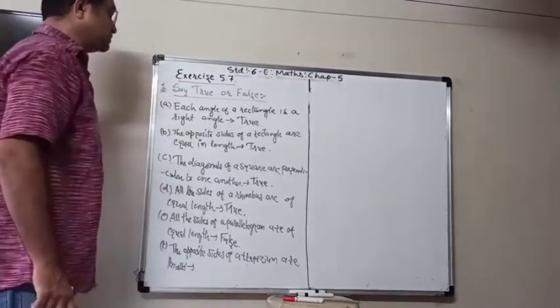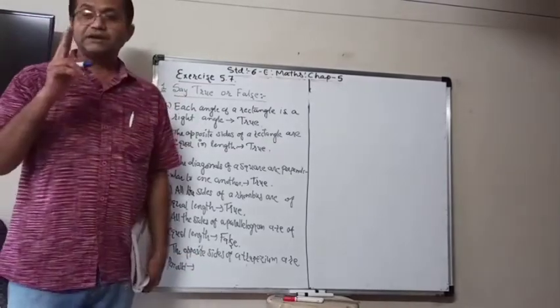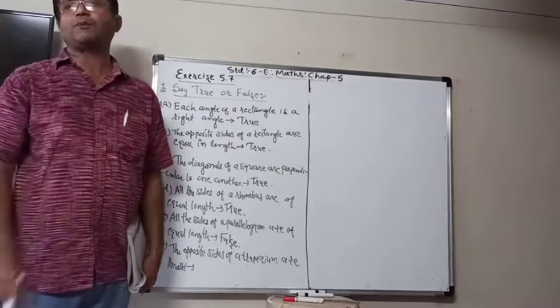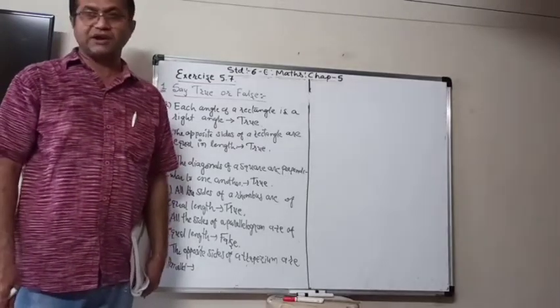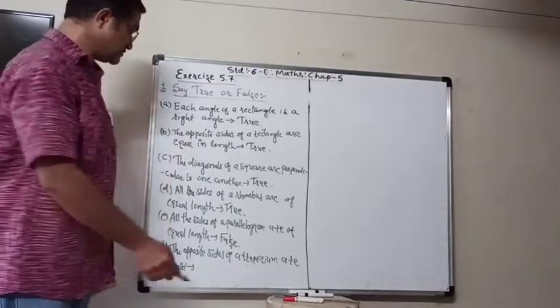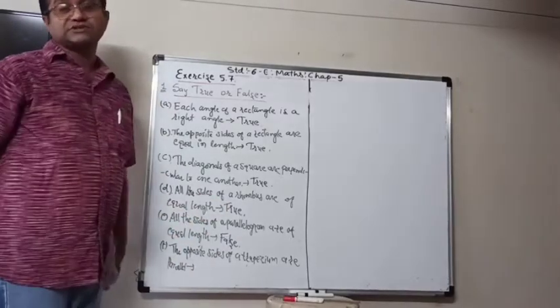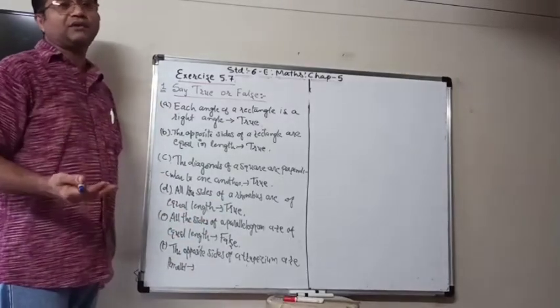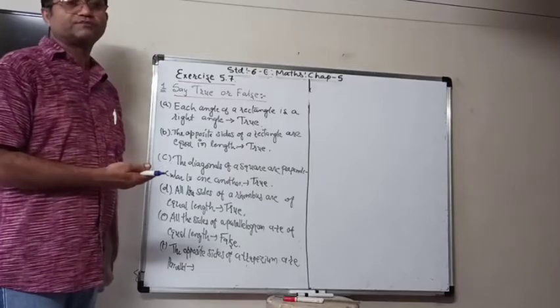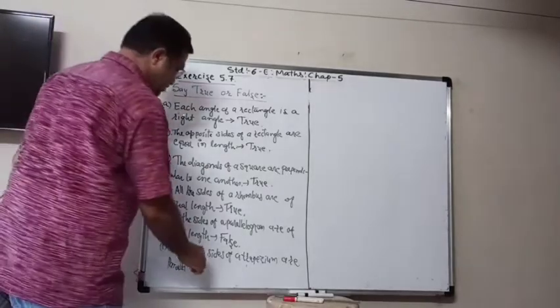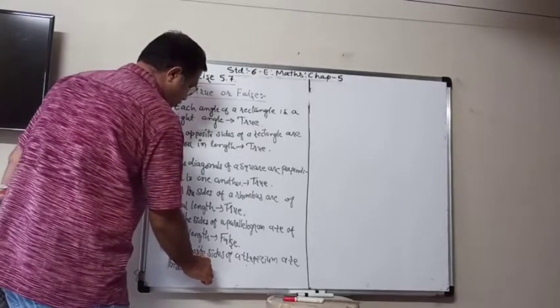Now we learned that in a trapezium, only one pair of opposite sides is parallel, not both. So we can't say that the opposite sides are parallel because only one pair is parallel. If both were parallel, you could say true. But here it is false because not both pairs are parallel.